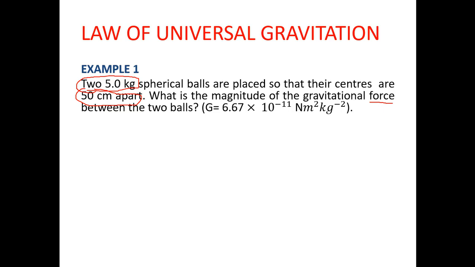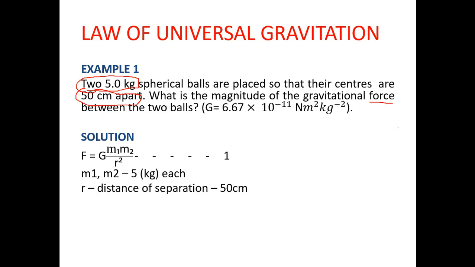So we have to write down the mathematical expression, and then we substitute. m1 is 5 kg, m2 is 5 kg, one for m1 and the other for m2. The distance is 50 centimeters, but I have already told you that the unit for the distance should be in meters.